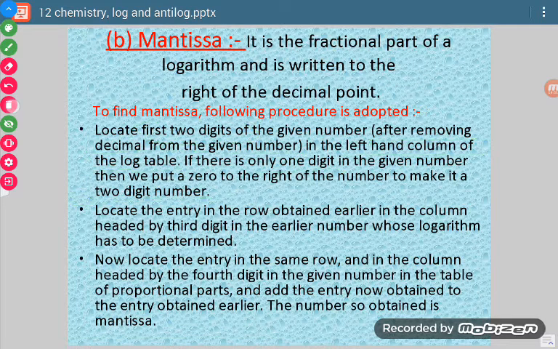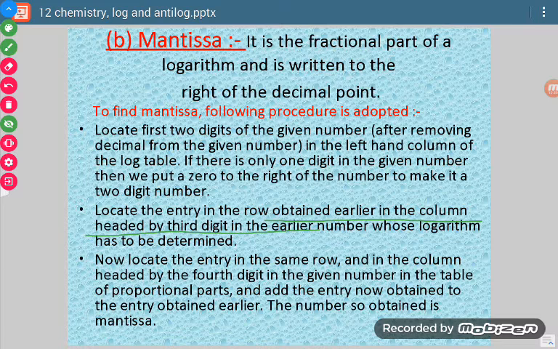Now once we have done this much, that we have located the position for two digits which are starting our number, then locate the entry in the row obtained earlier in the column headed by third digit. Means now what we have to do, when we have seen those two digits where they are in the log table, then in front of those two digits we will move horizontally and we will see the third digit.